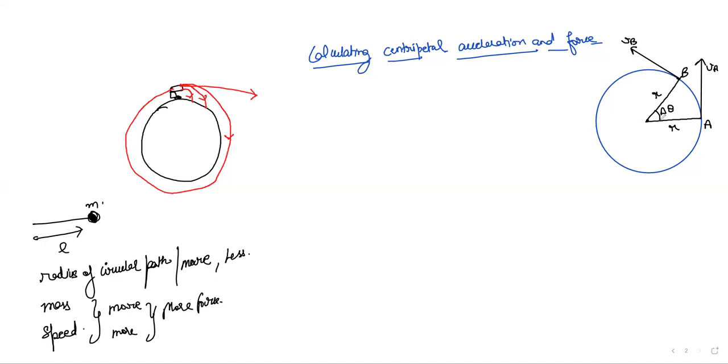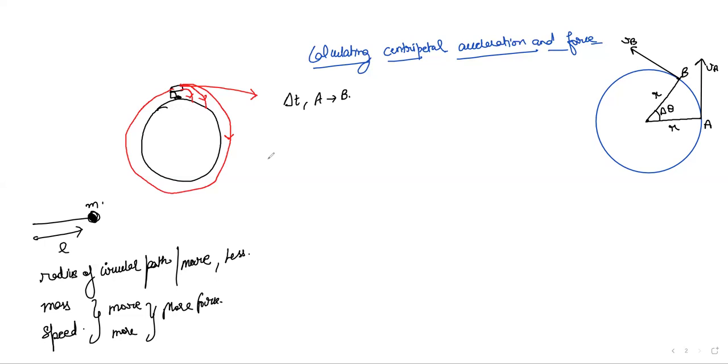Now in this expression, when the object reaches from A to B, the object takes time delta t. In delta t time, the object reaches from A to B. If you remember, we have defined angle in radians, right?